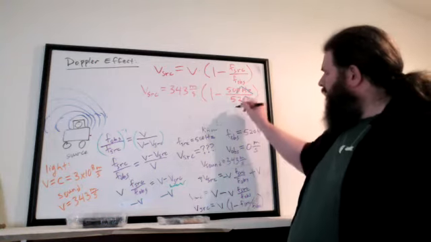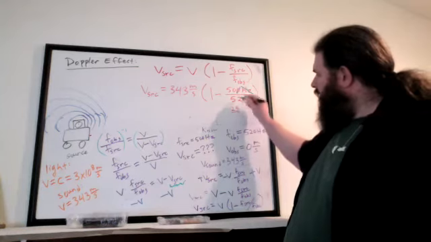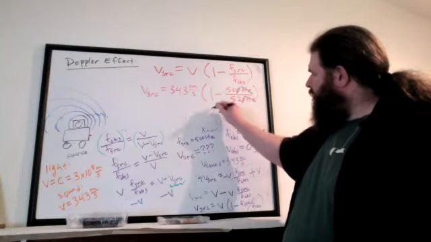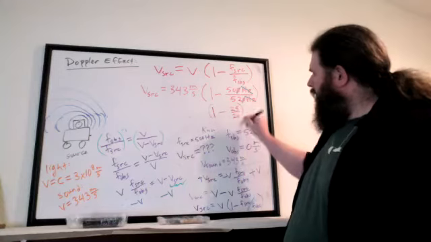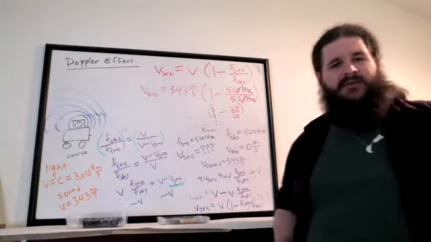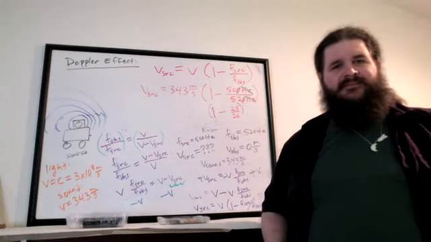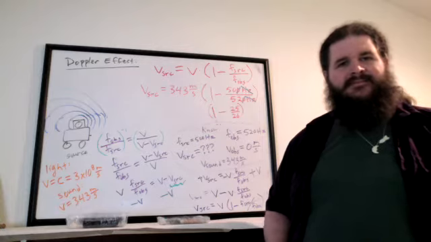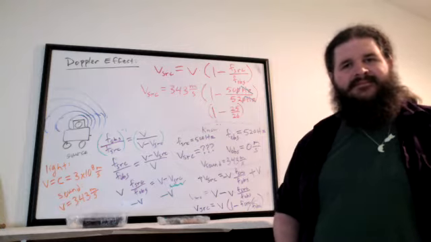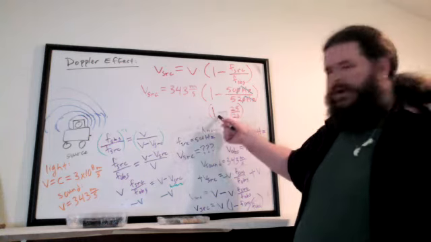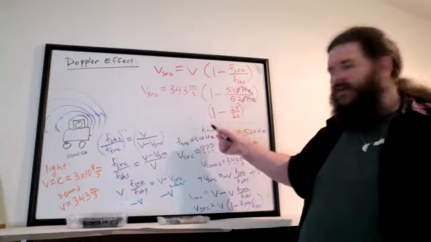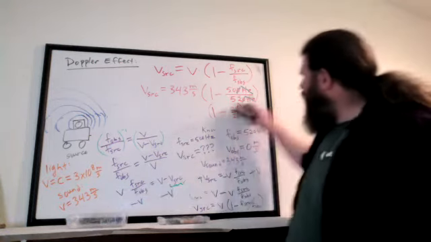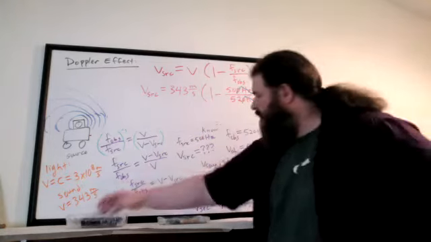Yeah, half of 50 is 25. Half of 52 is 26. And what's 1 minus 25/26? One over 26? Right, because 1 is 26 over 26. Subtract 25 over 26, we're left with 1 over 26.